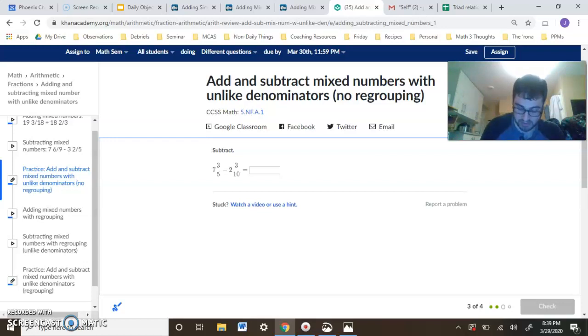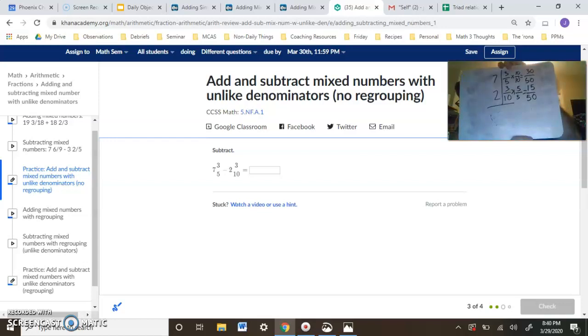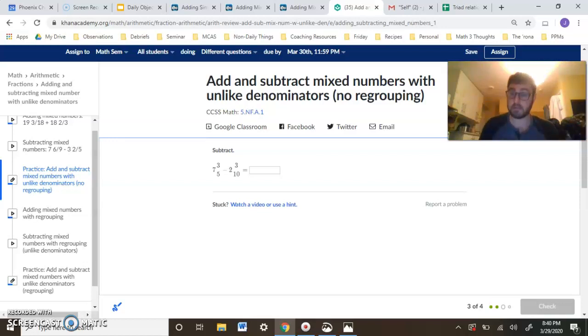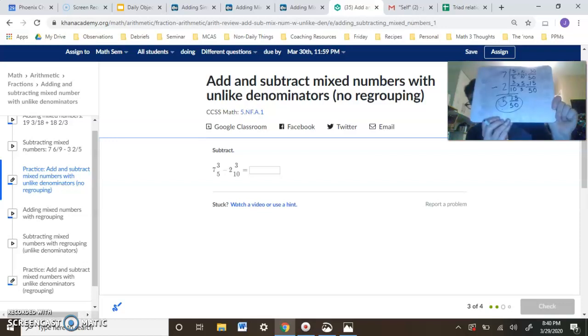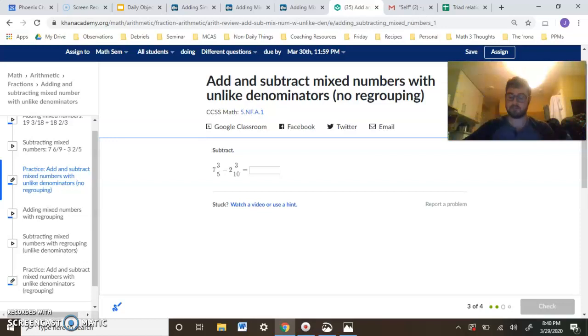We're going to change these fractions. Remember, this is a subtraction problem. So we'll need to subtract these two, which will give us 15/50. And our final step, 7 minus 2, which is 5, giving us our final answer of 5 15/50.